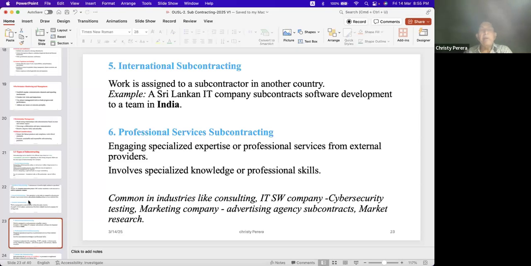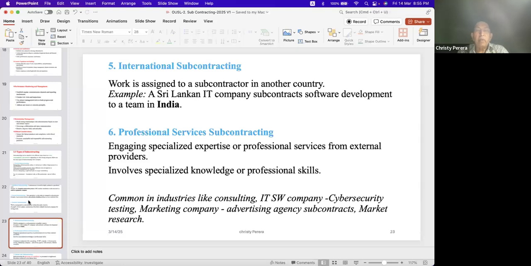Like that, international subcontracting. Work is assigned to a subcontractor in another country. For example, a Sri Lankan IT company subcontracts software development to a team in India.